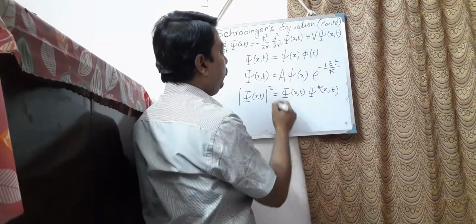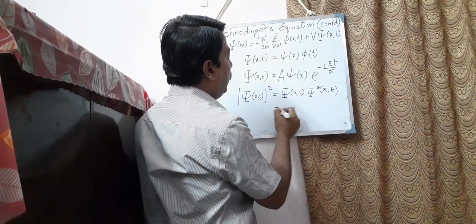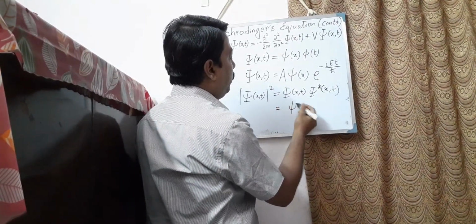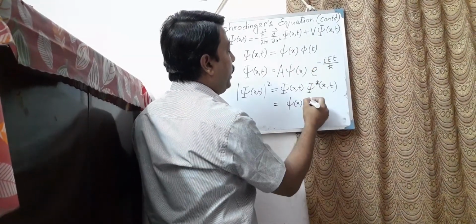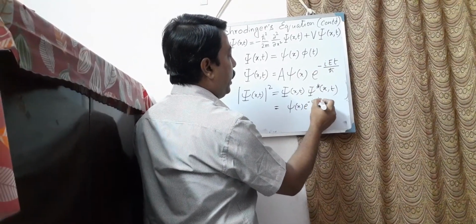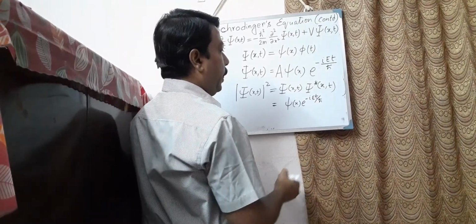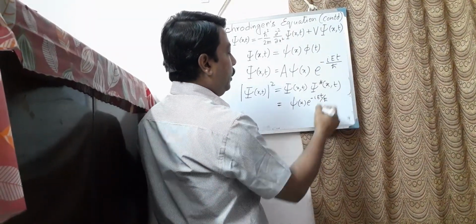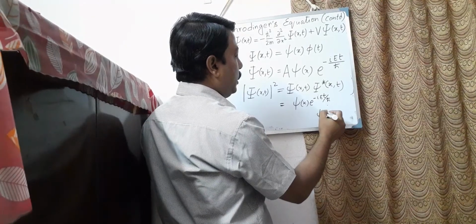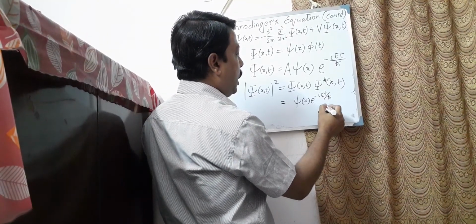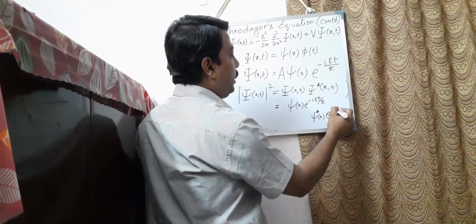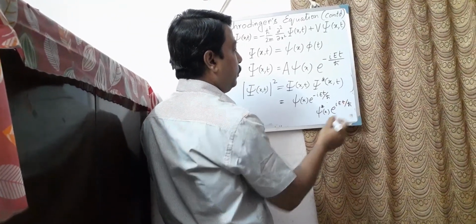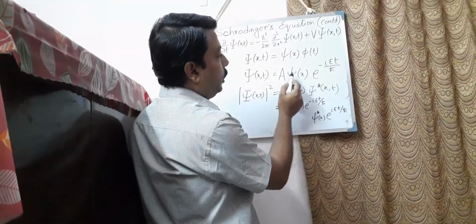Now this psi x t, I write as psi x into e to the power minus i E t by h cut, and this psi star we can write as psi x star into e to the power i E t by h cut, because I am taking the conjugate.